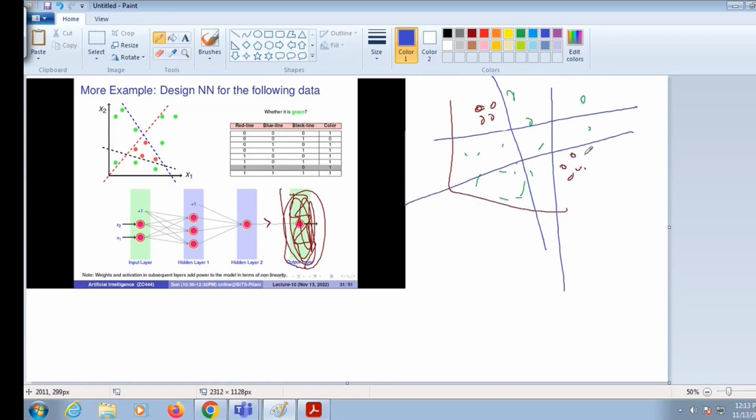Then whether a point belongs to here would be specified by this one. For that I have to apply another neural network. And there are 1, 2, 3, 4, 5, 6, 7, 8, 9 regions. So I have to increase this here also. And after that, I have to apply another logic to find out this. I agree with you. Yes.